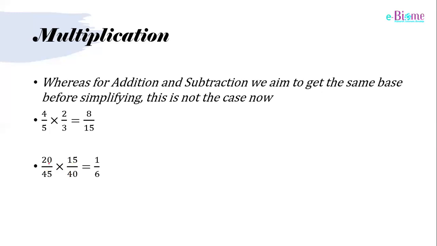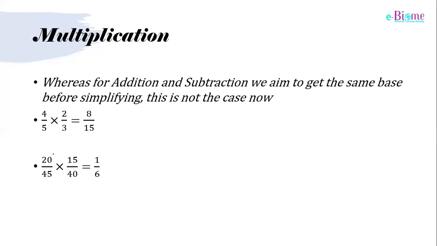So the aim is to find a common factor between any numerator and any denominator, and then you keep recording what the new value is after dividing through by that common factor. One example: a common factor between 20 and 40 is 20.